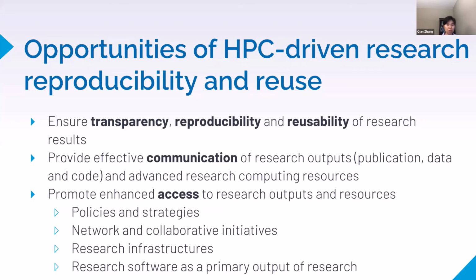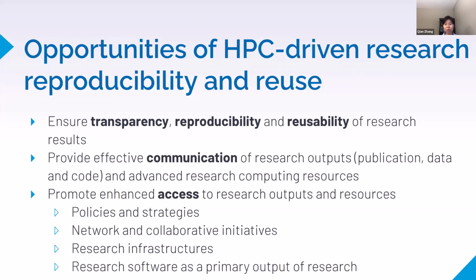This will in turn support research integrity, productivity, and efficiency. This includes policies and strategies promoting open access to research outputs, network and collaborative initiatives aiming to facilitate open access, support for research infrastructures, and again, research software should be recognized as a primary output of research, not as secondary to the publication or data.